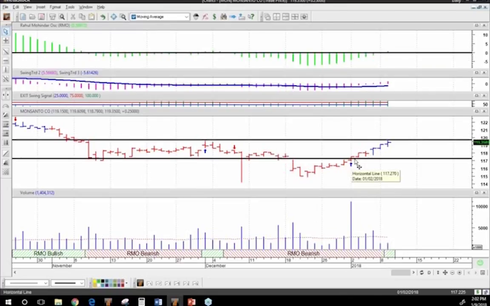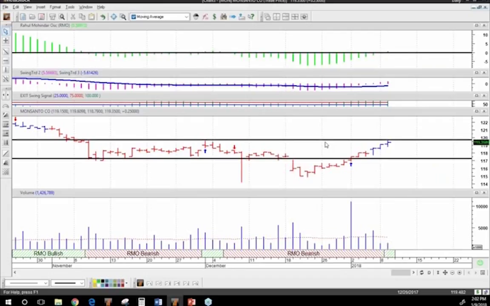Now, again, the reason I like this is we're immediately going into this trade with a known risk-reward ratio. We know that if we buy this security, we're going to be buying it at 119.75. We know if we get into that trade and it goes against us, and some of the trades will, we're going to get out of that trade at roughly 117.27.